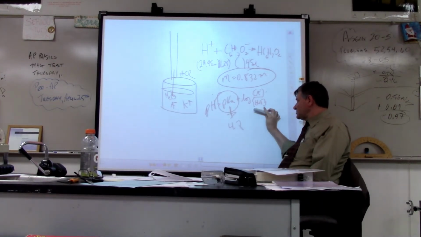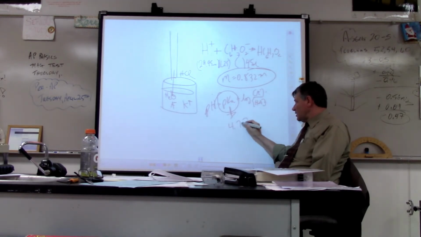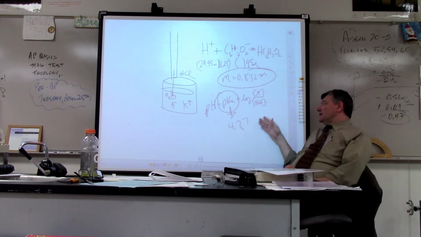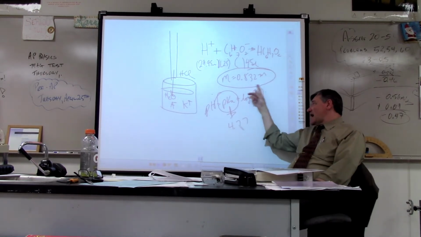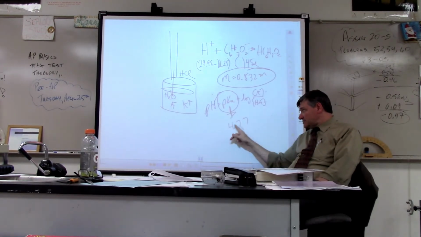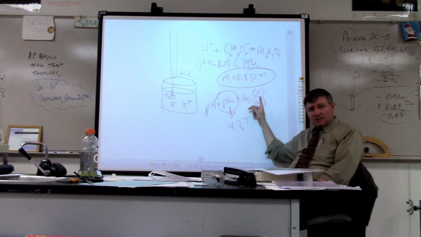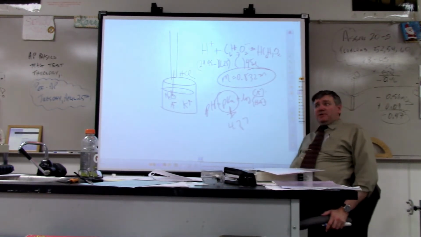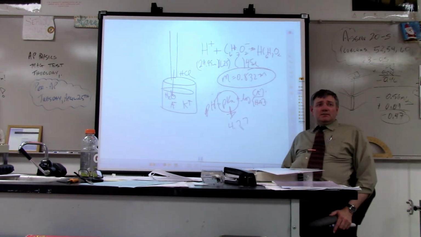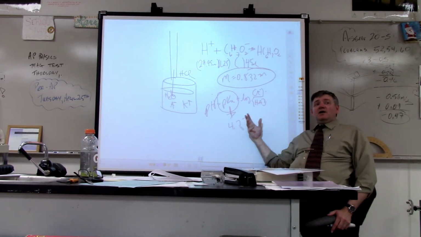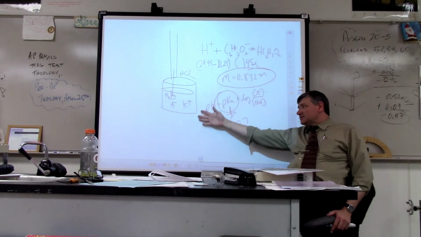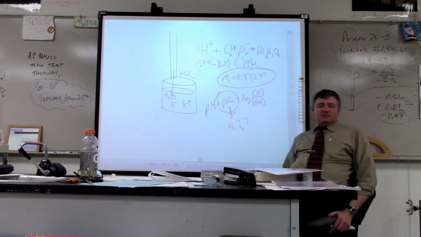So your pH is what, 3 point something? So what has to happen to get a pH below this? Which of these numbers has to be bigger? Your HA has to be bigger. Why? Because you need the ratio to be less than 1. Then you're taking the log of a value less than 1 to drop that pH below the 4.77.